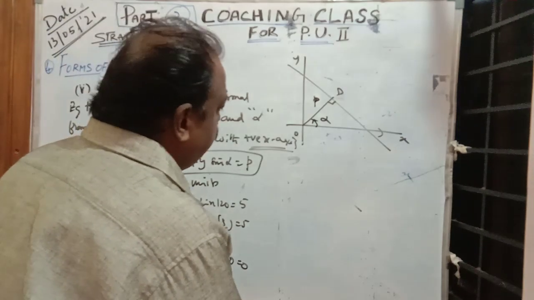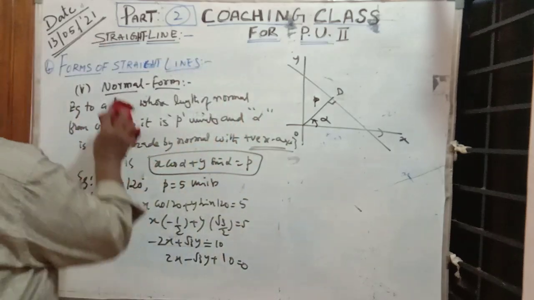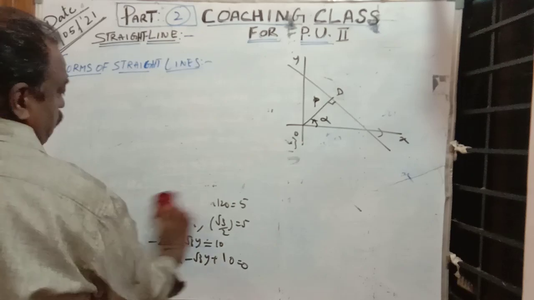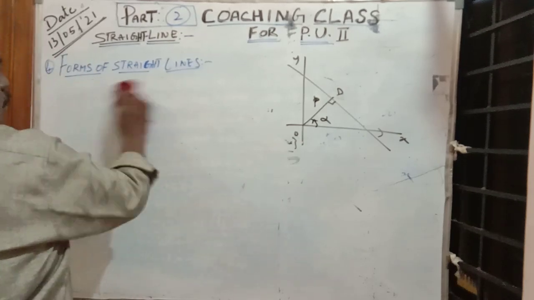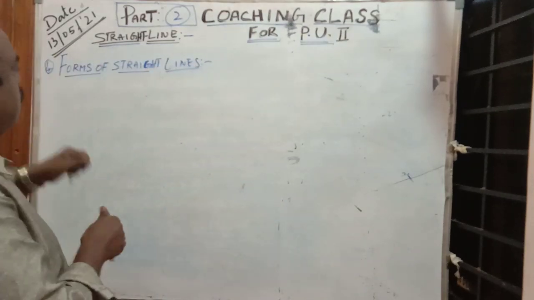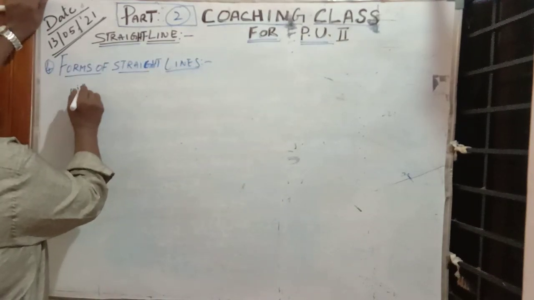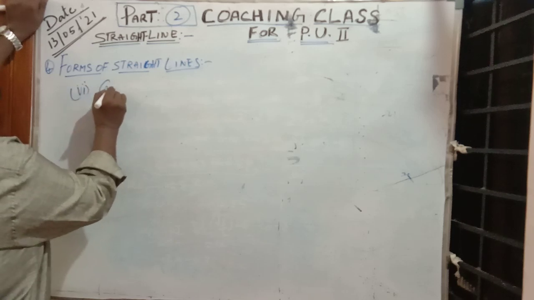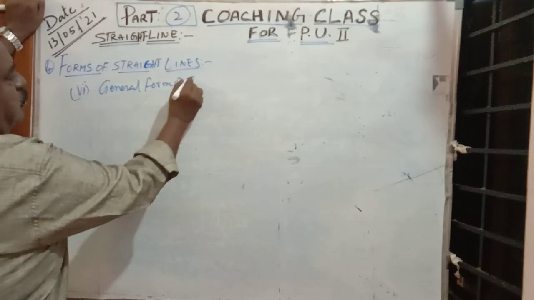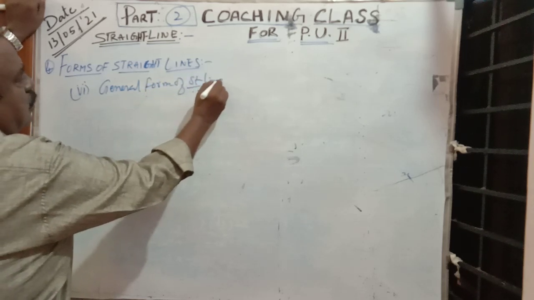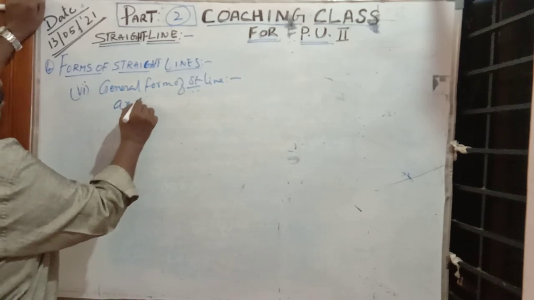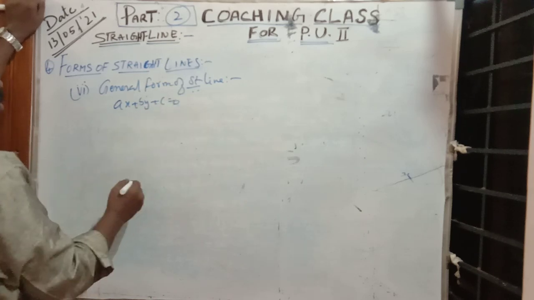The general form is there, I will tell you. The sixth one is the general form. The general form of a straight line is ax plus by plus c is equal to 0.